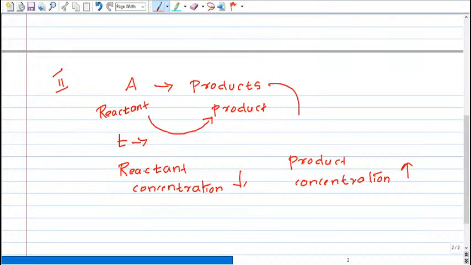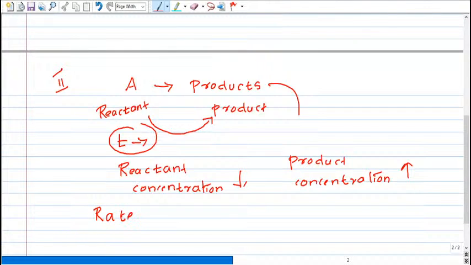So see this concept: when the time goes on, the reactant concentration decreases and the product concentration increases. It happens only if the time is proceeding further and further. So I can write one formula here, for the reactant which is disappearing.